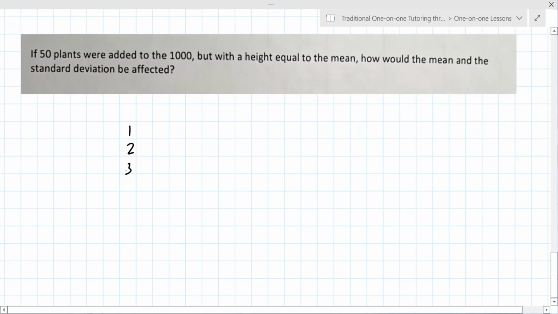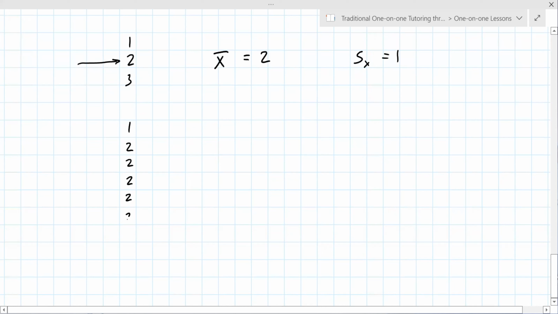We know that if our data set is 1, 2, 3, our mean is 2, and our standard deviation is 1. Okay, but now they're basically saying we're going to add some to our data set, but they all equal the mean. So let's do that in our new data. So let's go 2, 2, 2.